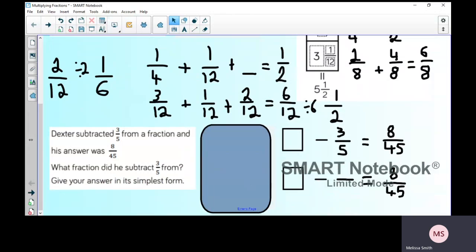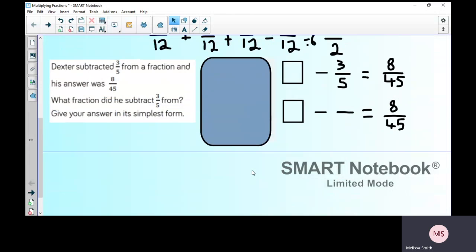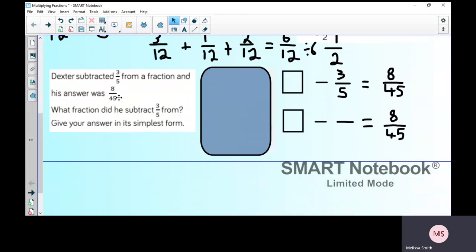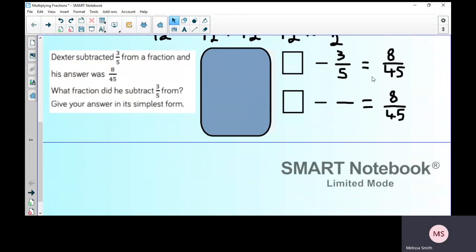And the last challenge question for us to look at here, we know that something subtracted by 3/5 is going to give us 8/45. So what's the first step that we have to do here? I have to make the denominators the same.